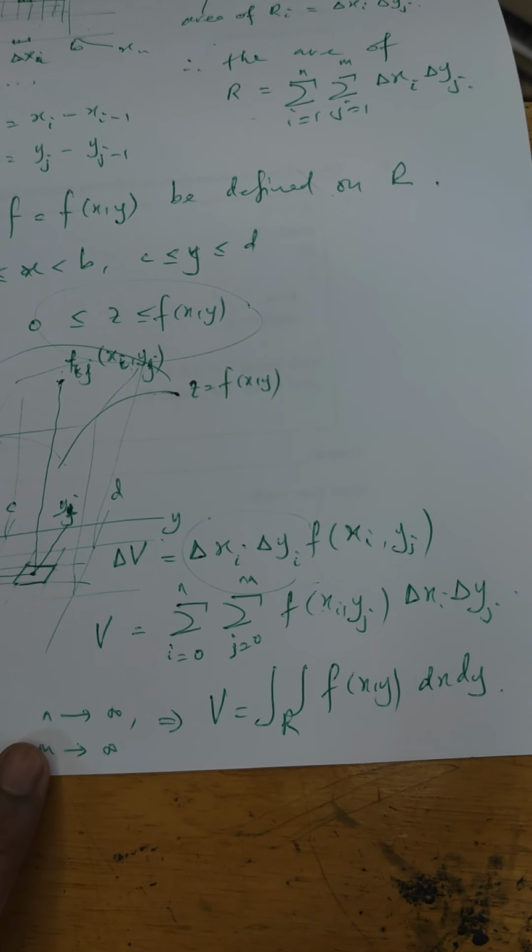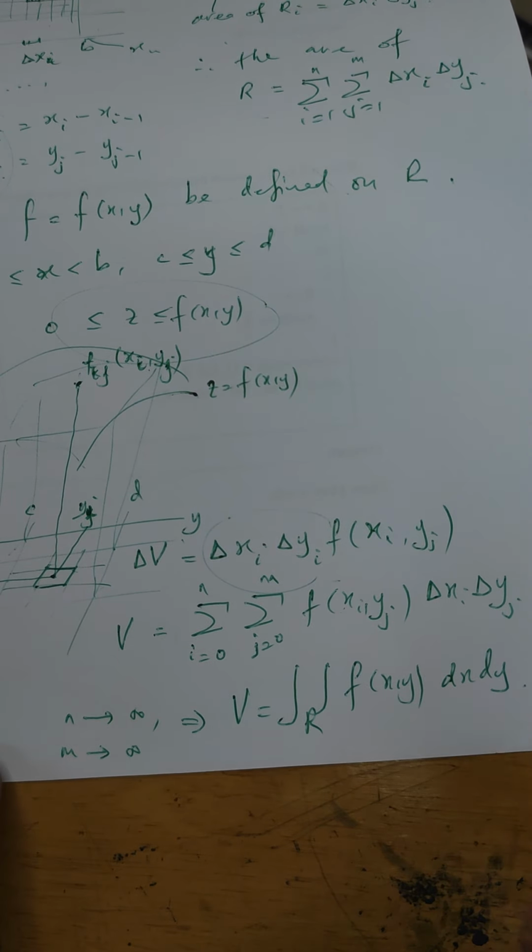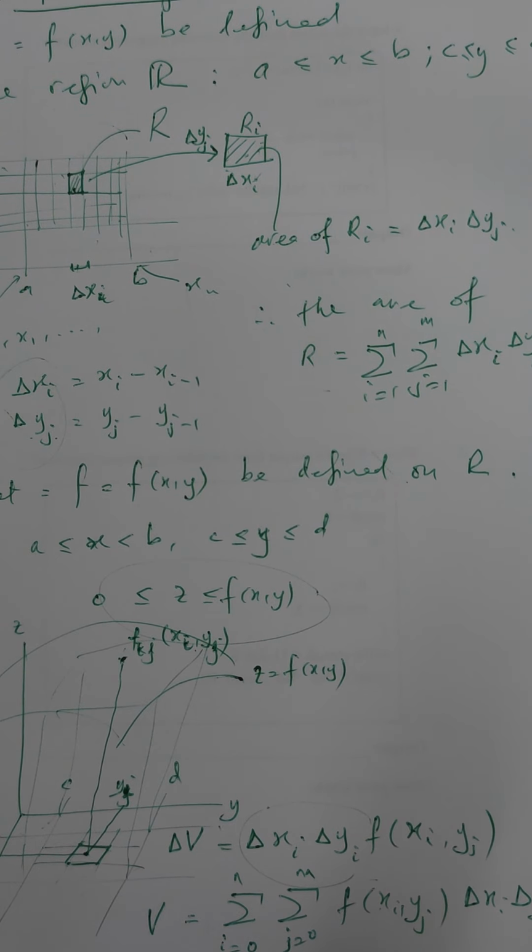So from there we can see that the double integral of a function f over the region R will give you the volume. We take the limit of those things.